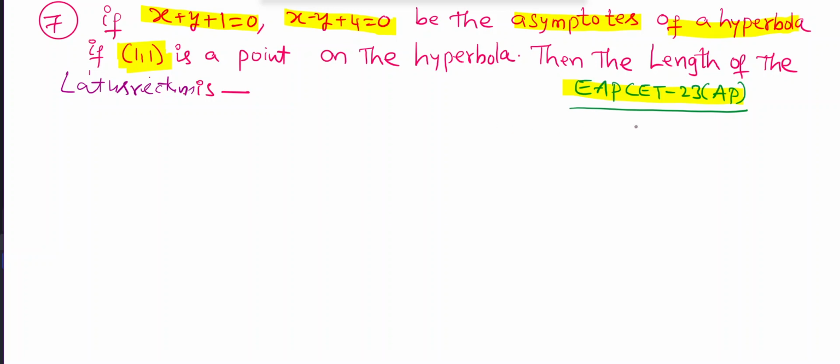We know the formula for the length of the latus rectum LLR is equal to 2b square by a. This is the formula for finding the length of the latus rectum, 2b square by a.